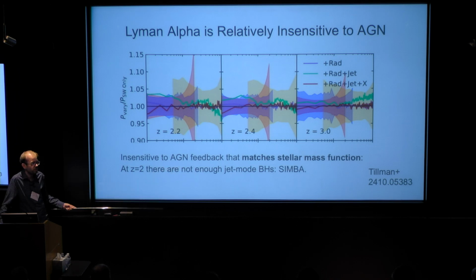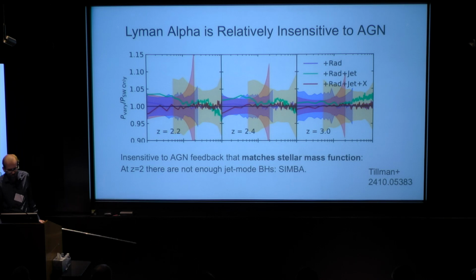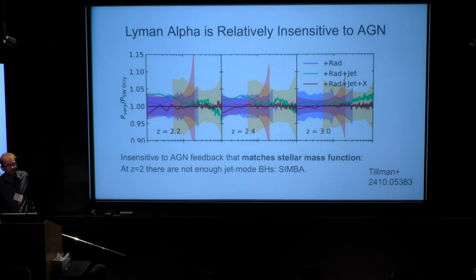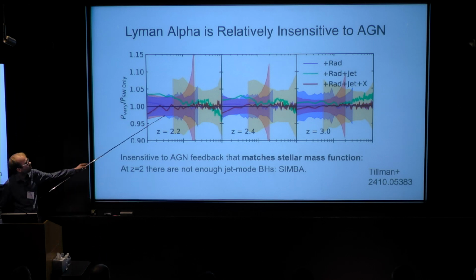So at redshift 2, the number of high-energy jet mode black holes is relatively small, and so the effect on the flux statistics is also relatively small. This was done with SIMBA, which is the strongest black hole feedback model that we have at the moment. So I'm reasonably confident that with Astrid, which is a bit weaker, this will not mess up our constraints. Okay?